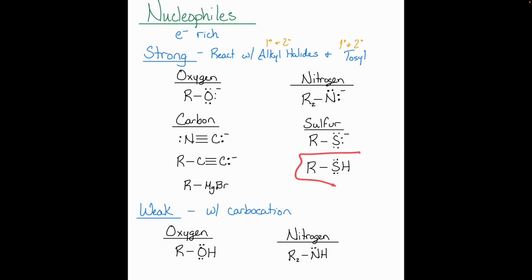There was this weird sulfur one that can be neutral, as well as our Grignard, which is a little weird because we have that carbon-magnesium covalent bond. We don't usually see metals, but because of that, we have this very polar bond in our Grignard. And then our weaker nucleophiles are those neutral forms of our oxygen and nitrogen nucleophiles.